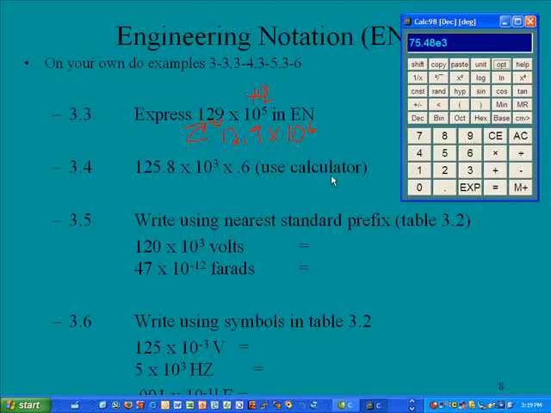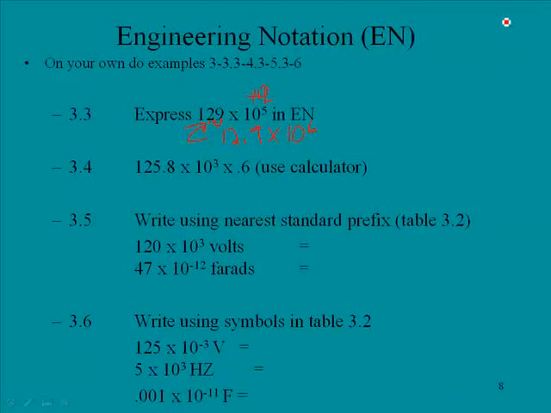Okay, section 3.5. In 3.5 it says write using the nearest standard prefix, and you'll want to refer to table 3-2 when you do this. The first one is 120 times 10 to the 3rd volts. So we know that 10 to the 3rd is 1,000. We would typically write this as 120, and we would say k volts.